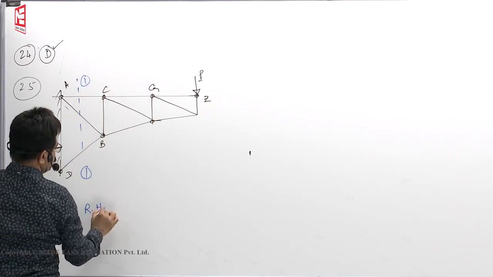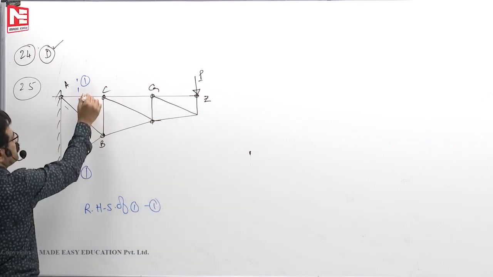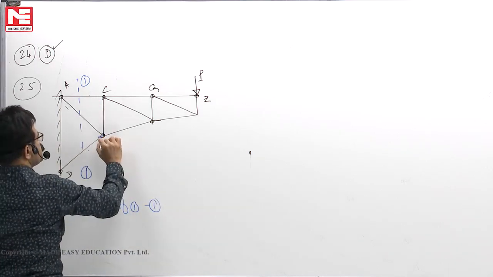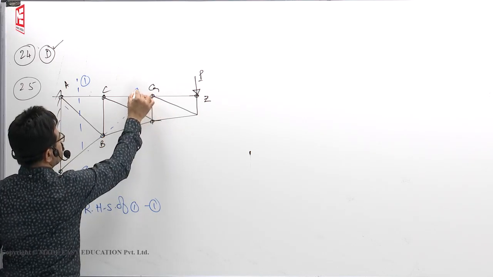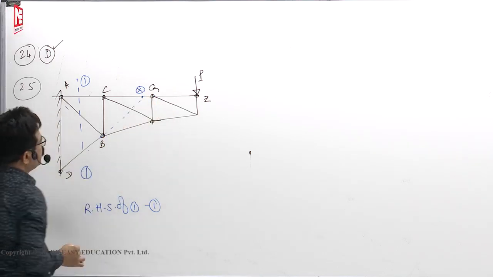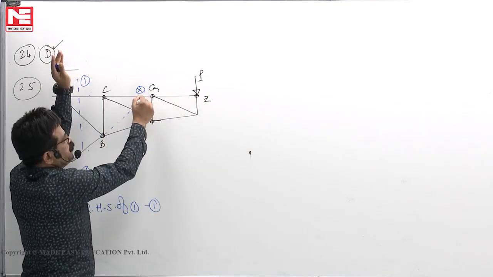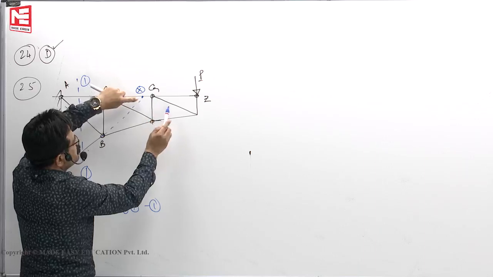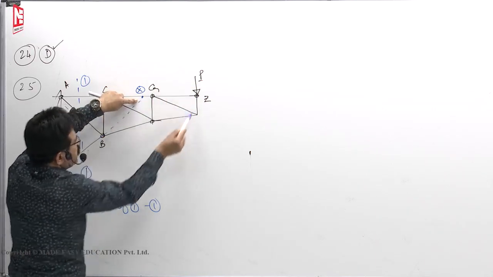Take the right-hand side of 1-1. Unwanted forces are these two. If you extend these two, they will meet somewhere here, not necessarily at G, some point X, let us say. So on the right side, take moments of all forces about X equal to 0. Stand here, look at P, tail to the head towards this one, clockwise.